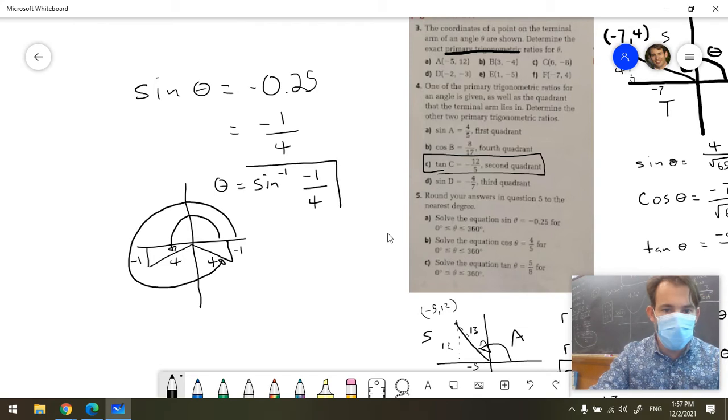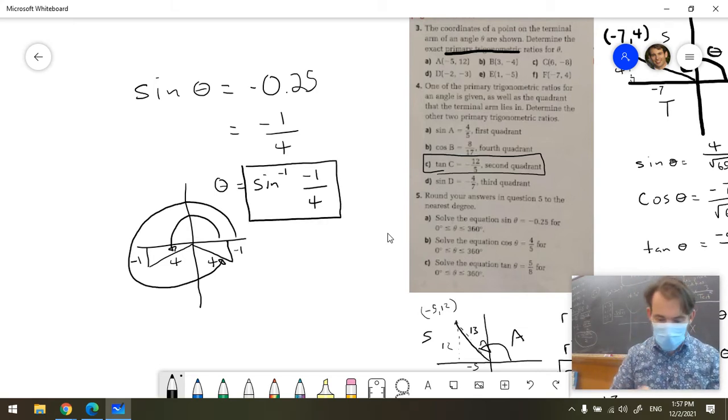This is what I can punch on my calculator to find the answer. So negative 1 divided by 4 equals. Then I do the second function, sine inverse of the answer, equals negative 14.4. Actually, my guess is not bad, because I had negative 20. Negative 14.4. Isn't that annoying?